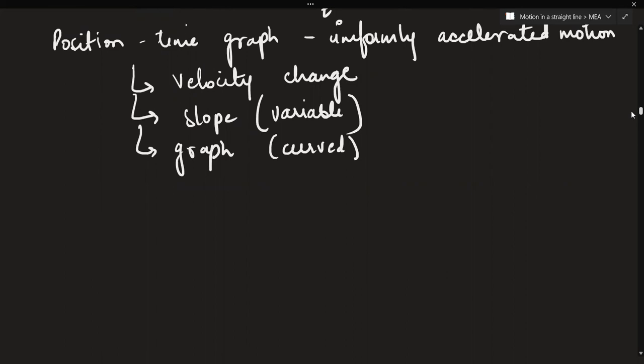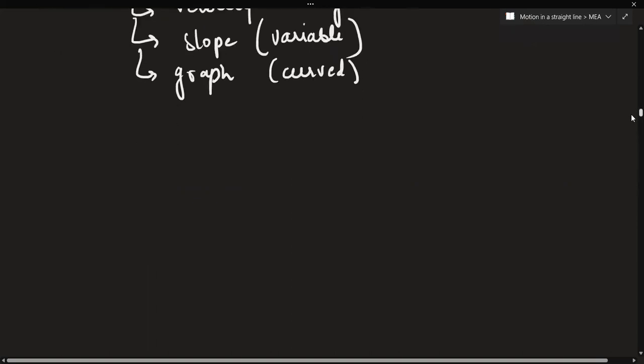So what kinds of possible graphs do you get? One kind of graph that is possible: if velocity increases, then slope also increases.